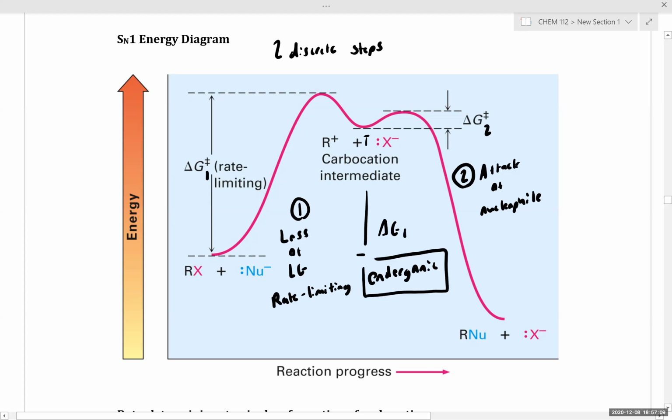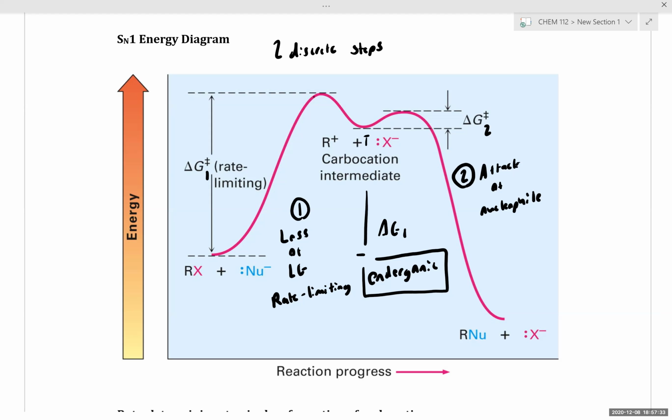For an endergonic reaction, the transition state resembles the species closest in energy, which would be our carbocation intermediate. So our transition state energy is going to be heavily influenced by the energy of our carbocation intermediate. Our transition state will resemble a carbocation intermediate.